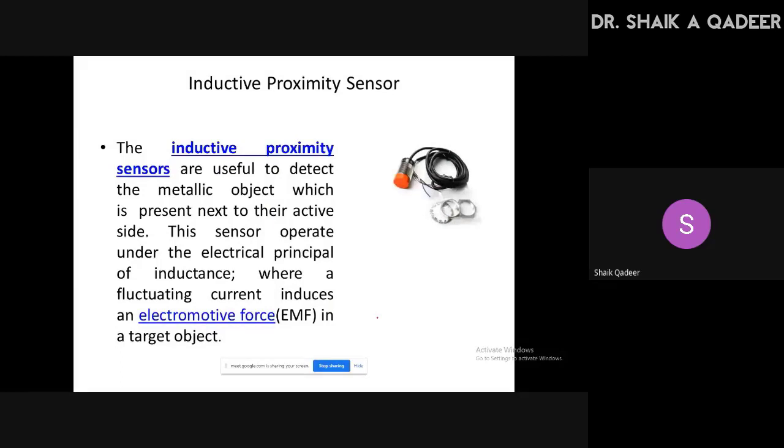But I am again requesting you, for the detailed construction and the detailed working principle, if you want to know about this, please refer to electromagnetism in sensing for this particular topic, for further reading. So the inductive transducer looks like this. You see, it has three wires.